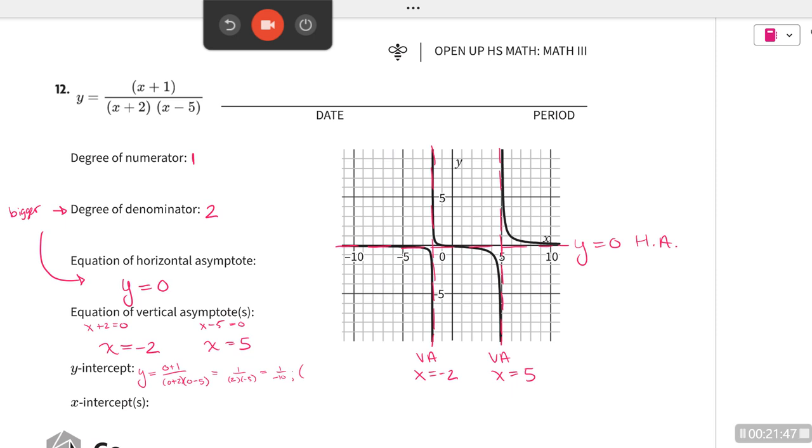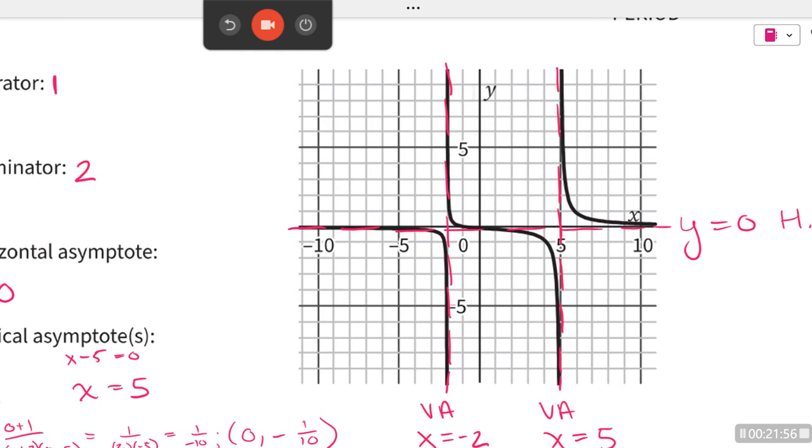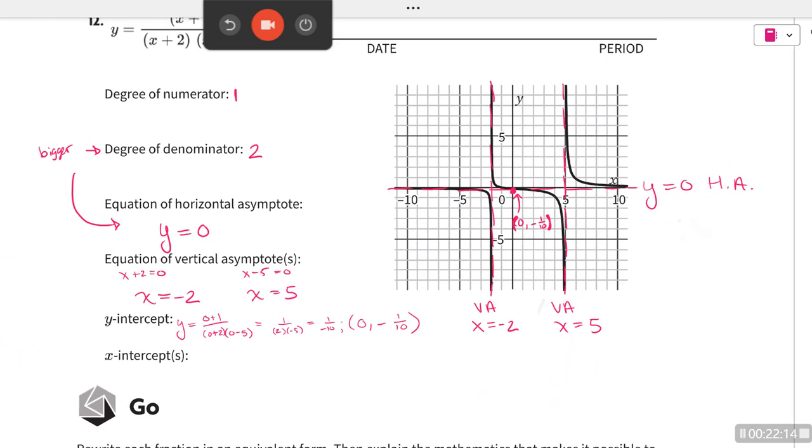So our y-intercept is 0, negative 1/10, or negative 0.1 if you want. So it almost looks like it's falling at 0, 0 here, but actually that point is 0, negative 0.1. Actually, I'll write it as negative 1/10. There we go. There's our y-intercept.